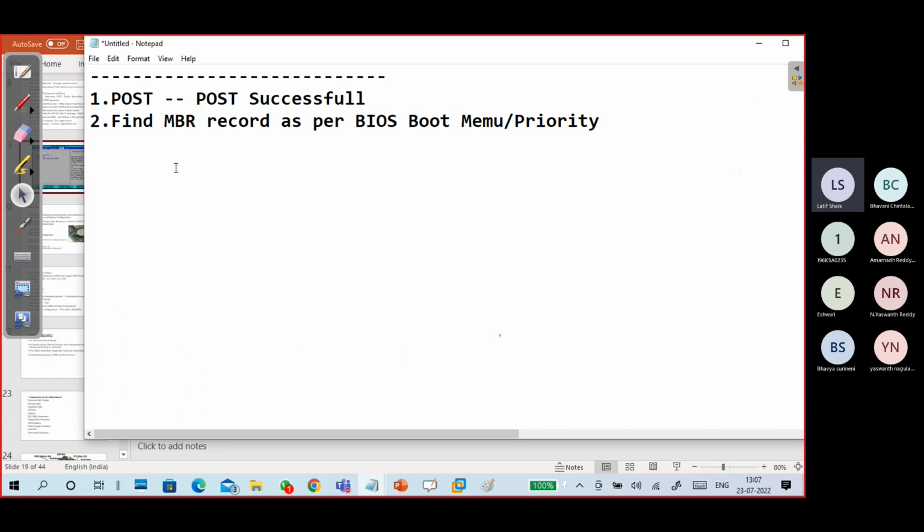What is the MBR record? MBR, master boot record. It is a name only, guys, nothing more. It is just a name that belongs to any boot kind of stuff. MBR or a GPT record.